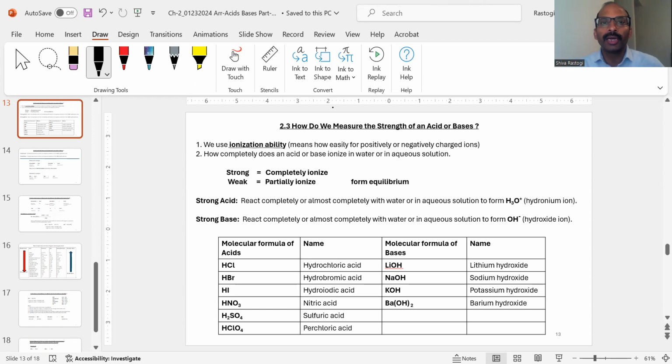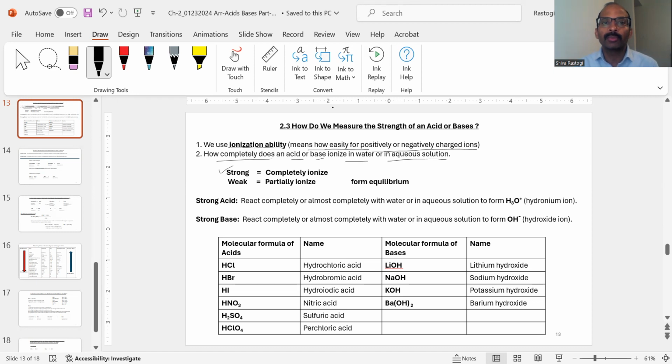So what is the meaning of that? It means how easily it forms a positively or negatively charged ion. Or we can also say how completely an acid or base ionizes in water or in aqueous solution. The more easily it can form ions, the stronger it will be comparatively.